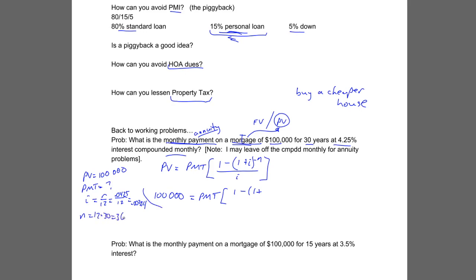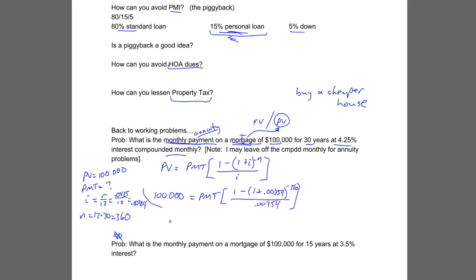So that's the 360. So often you'll hear loans is 360 or 180 loans. This is a 30 year and that's a 15 years. Common mortgages. So 1 plus 0.00354 to the minus 360 over 0.00354. So it's going to be a little ugly.